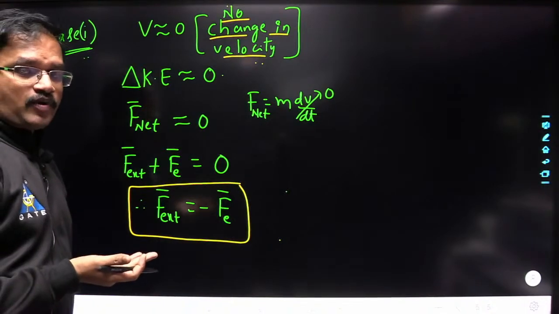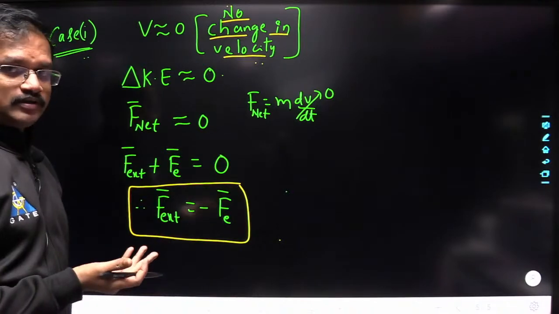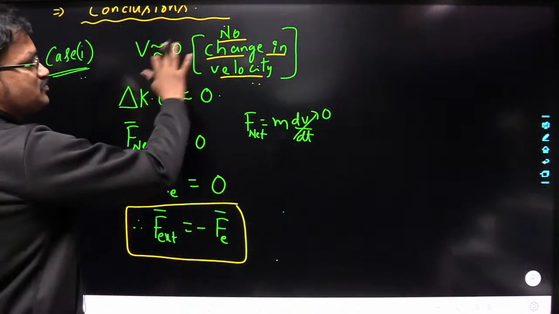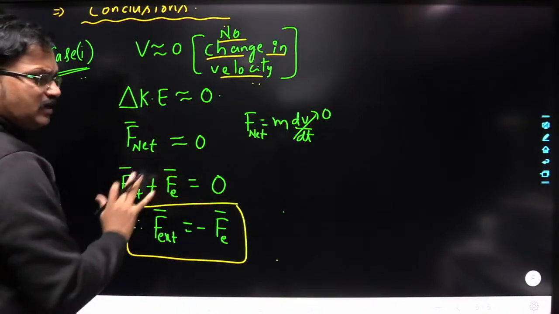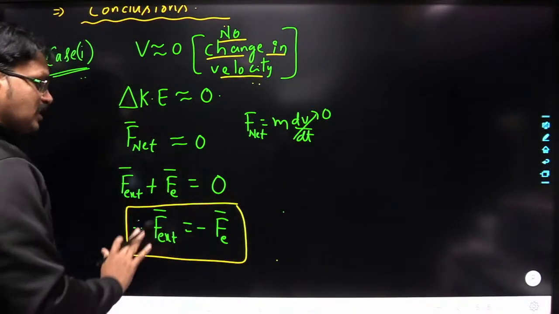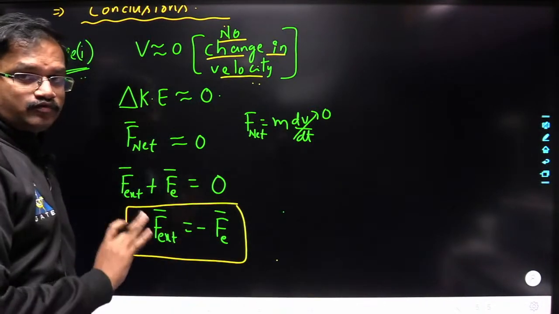It is not possible to directly determine the external force that you are applying. Understood? So that's why if we make this assumption, then the net force acting on the charge will become equal to 0. In that case, the external force will become exactly equal and opposite to the electrical force. Understood?